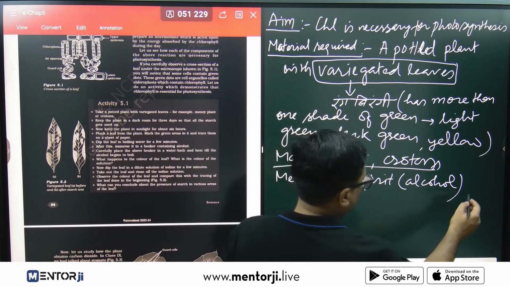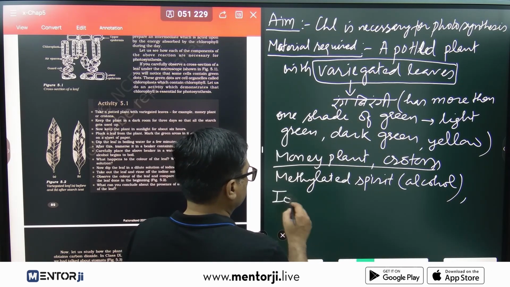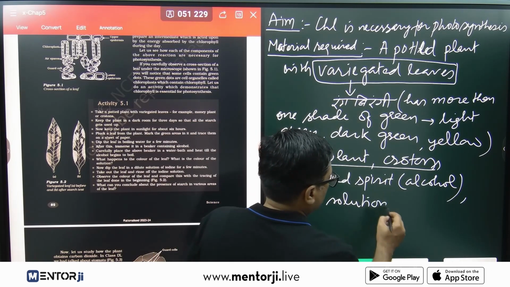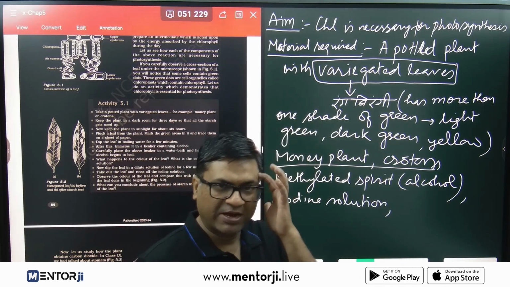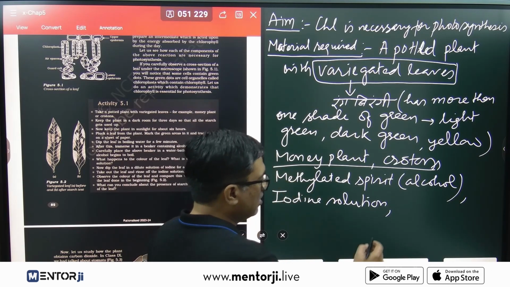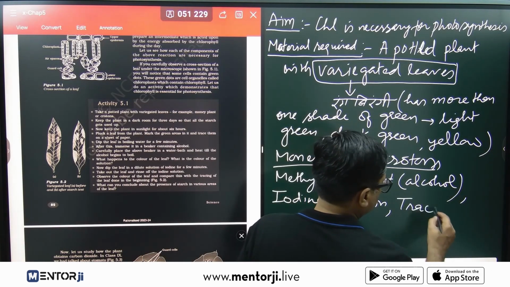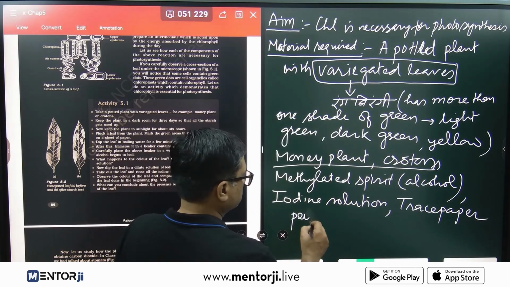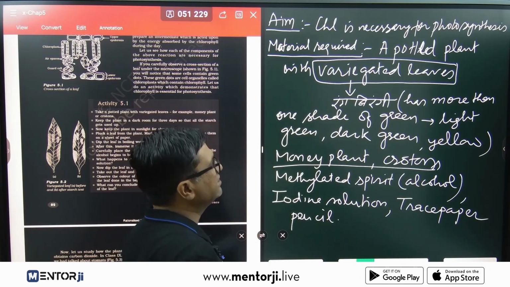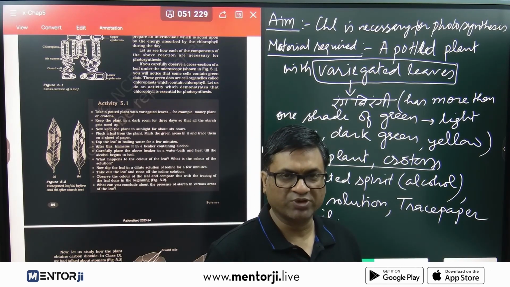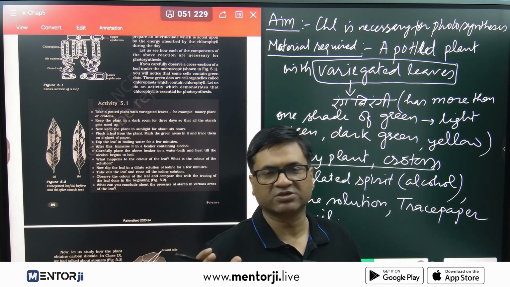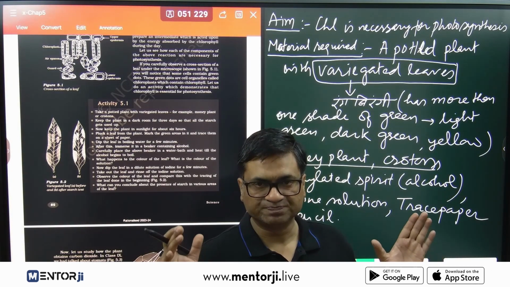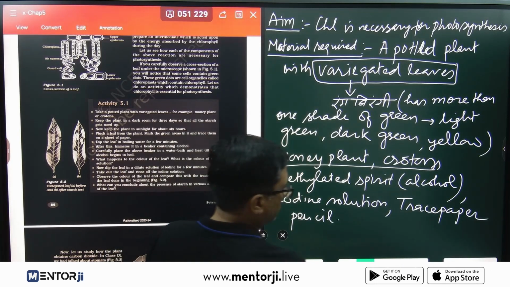Then we have to take the iodine solution. Besides iodine solution, we have to take trace paper and pencil. So all these are the basic requirements. We have discussed two important points about this activity: first is the aim and second is the material required.